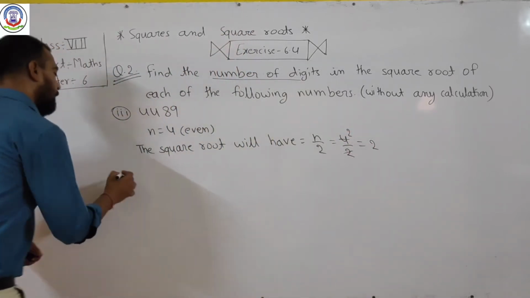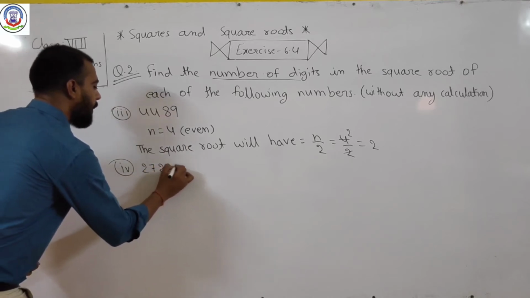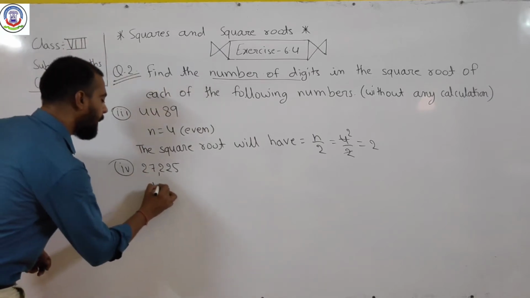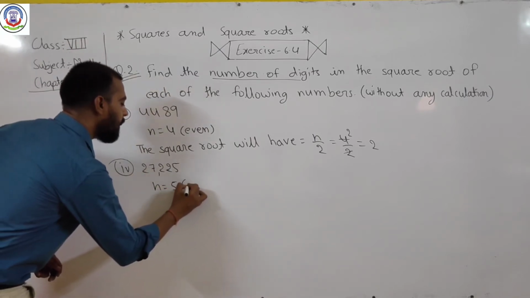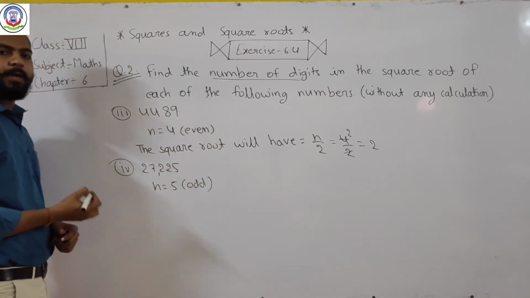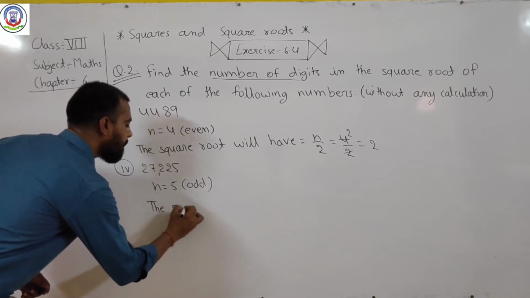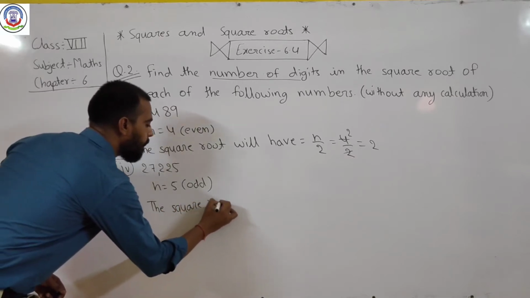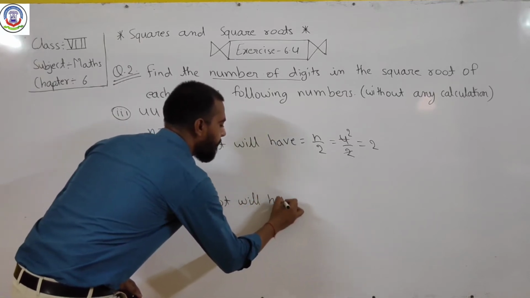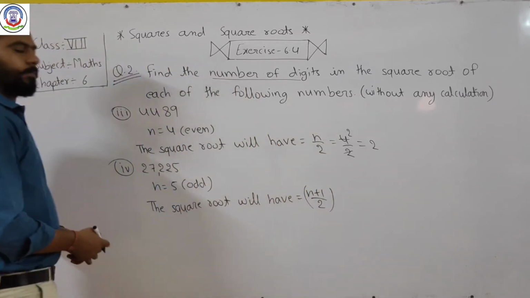Okay, let's take another question, that is 27225, and in this question we have 5 digits and 5 is an odd number. 5 is an odd number, that means the square root will have n plus 1 upon 2 digits.